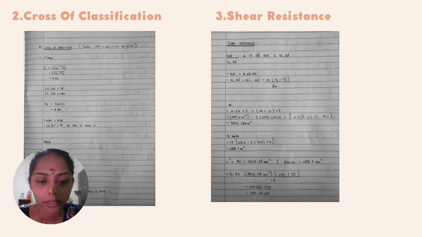So AV equals 7654.28 mm², which is smaller than 6818.7 mm². So VC,RD equals 7654.28 mm² times (275 divided by root 3) divided by 1.0, which is equal to 1215.28 kN.